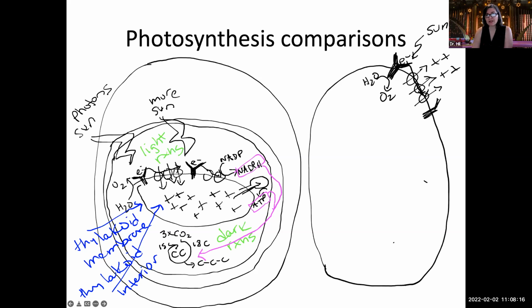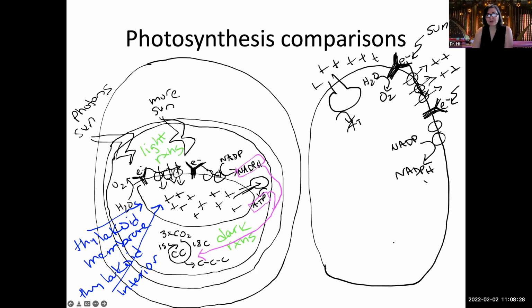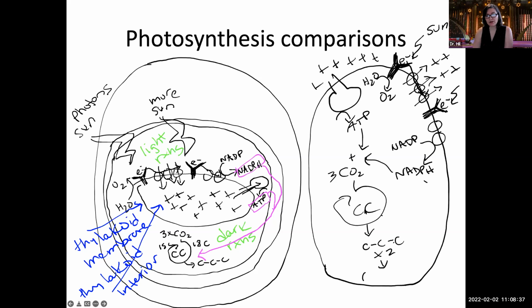The electron is then given to a new photosystem, re-energized, and then dropped off onto NADP, creating NADPH, because we're going to need this electron later to help make the organic molecule. Meanwhile, this proton gradient comes back through ATP synthase located in the membrane to create ATP in the cytoplasm. ATP plus the electron here, plus 3 CO2 molecules all together create a 3-carbon sugar, and 2 of those are put together into glucose.